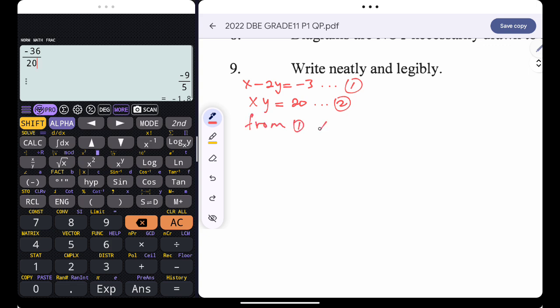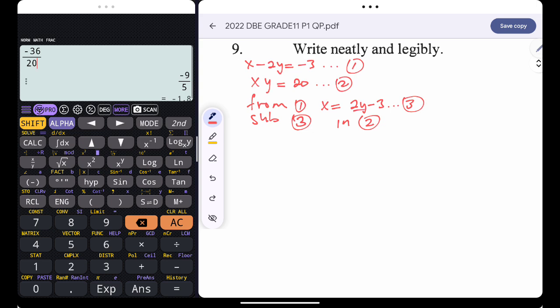So I can simply say that from equation 1, x is equal to 2y minus 3. By doing this, I'm creating equation 3. I just took the 2y to the other side, and it obviously changed the sign. Then I'll substitute equation 3 in equation 2.